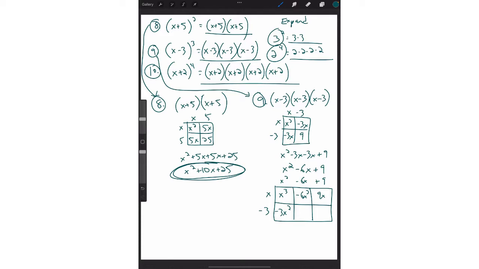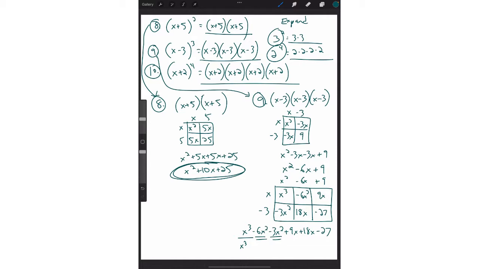I get positive 18x, and then I get negative 27. And if I add all this up, x to the third minus 6x squared minus 3x squared plus 9x plus 18x minus 27, okay, I have x to the third.